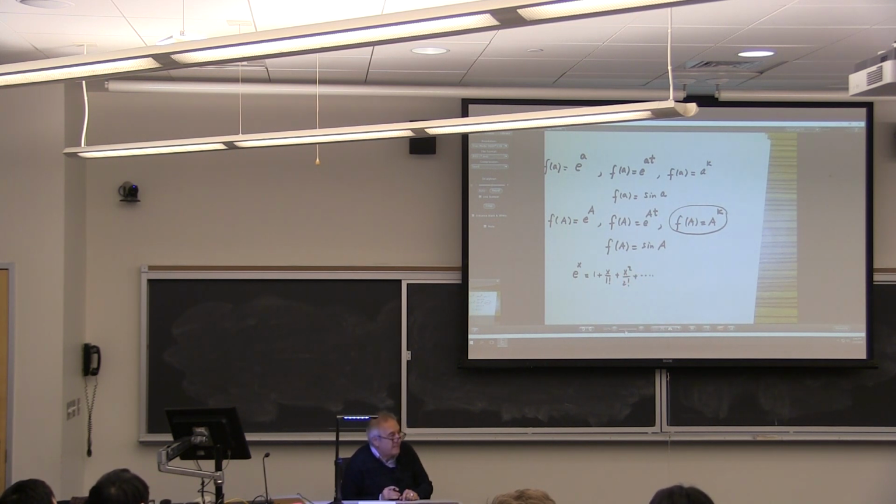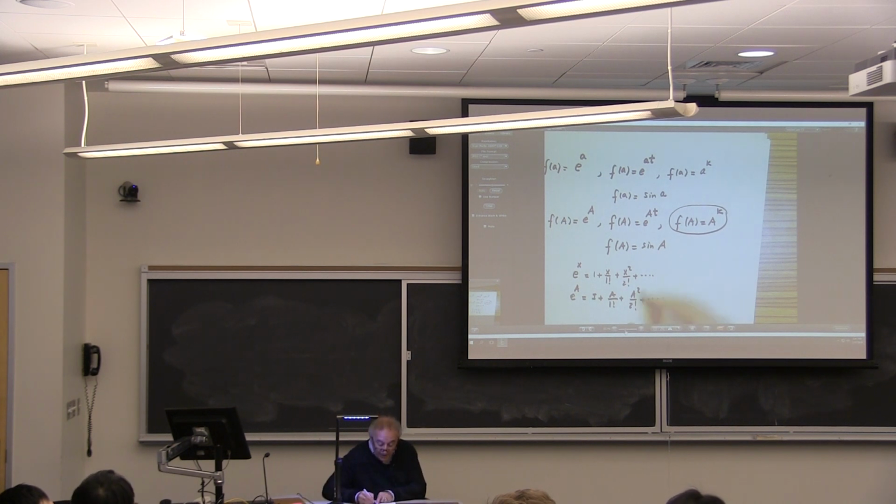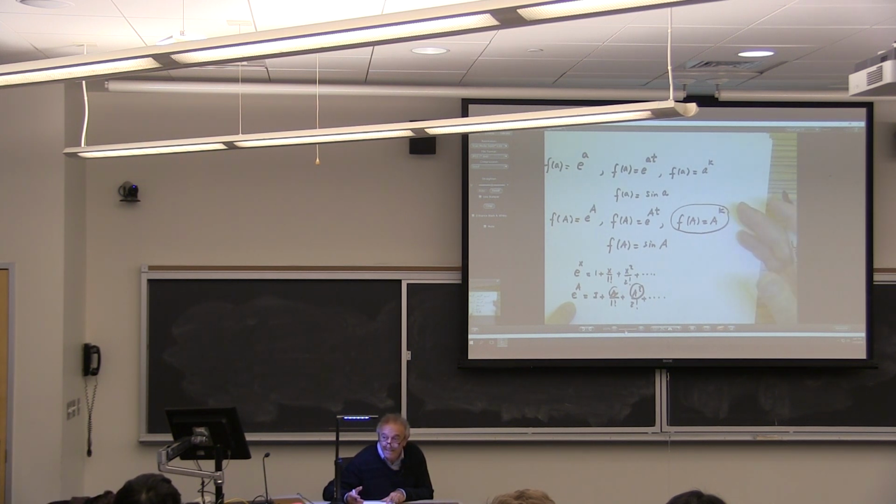This is the power series expansion for e to the power x. If I have e to the power A, can I write that as I plus A over 1 factorial plus A squared over 2 factorial plus and so on? Yes? Now this one is to the power 2. I could understand this. I could understand all the others. So therefore, e to the power A exists. Is that clear? Makes sense?